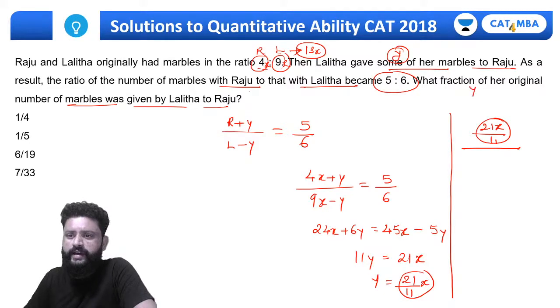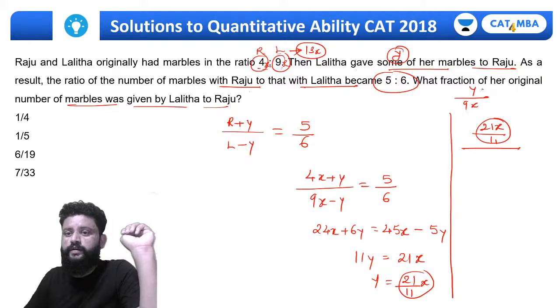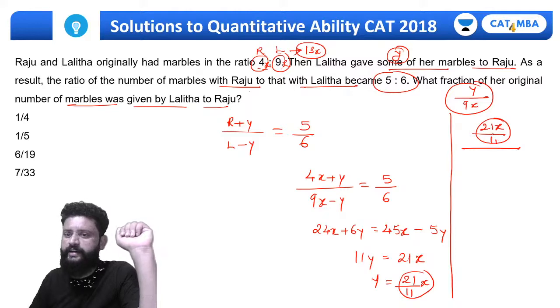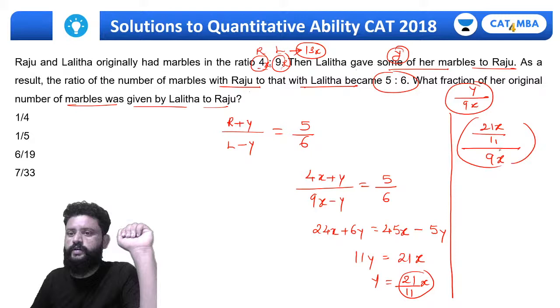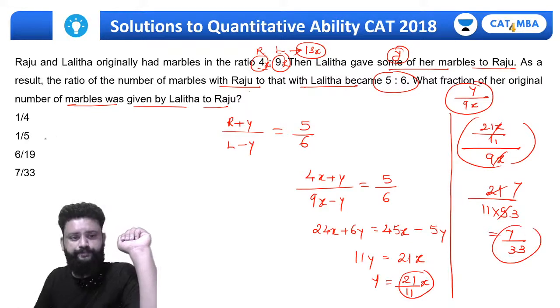That means you need to find y upon 9x, as Lalita had 9x. So y's value we got, 21 upon 11 x, divided by 9x. We are supposed to calculate this value. Below comes 11 into 9, 21 and 9 reduce by 3, so 7 on top, and it comes out to be 7 by 33 of her original marbles.